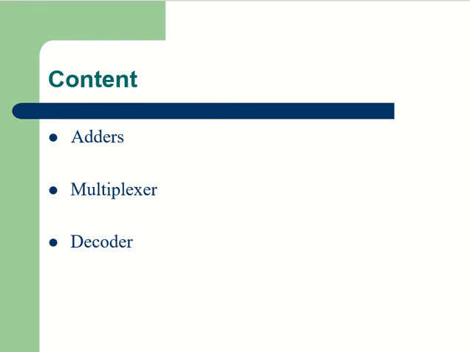In adders, I'll be discussing the half adder as well as the full adder, and the design of the half adder as well as the full adder. Then in multiplexers, I'll be dealing with the 2:1 multiplexer, 4:1 multiplexer, 8:1 multiplexer, and in the case of decoders, I'll be dealing with the 2:4 decoder.